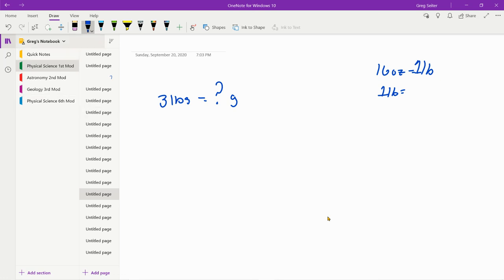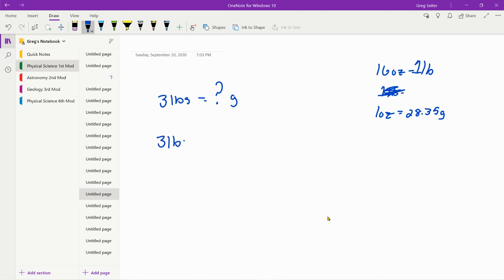That is wrong. We need to go to ounces. So let's scribble this out. 1 ounce equals 28.35 grams. Now we can do this problem. Having a brain fart tonight.